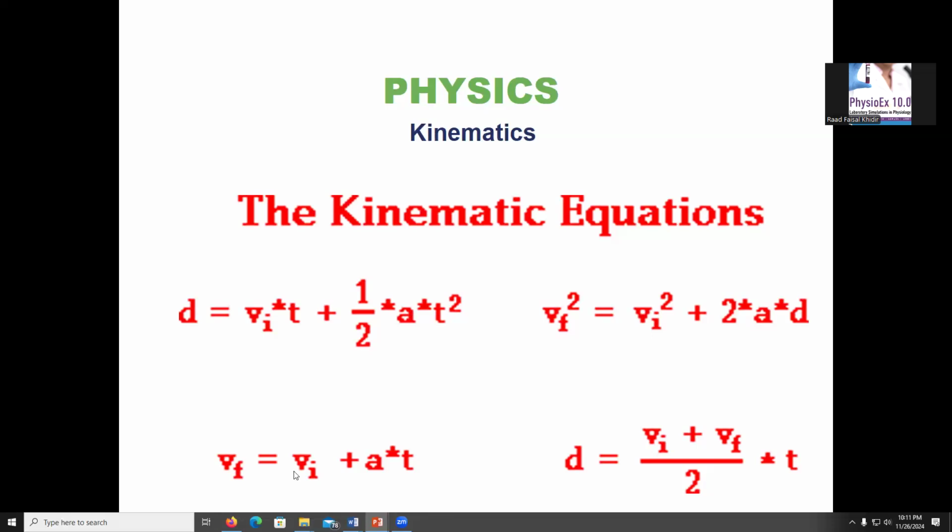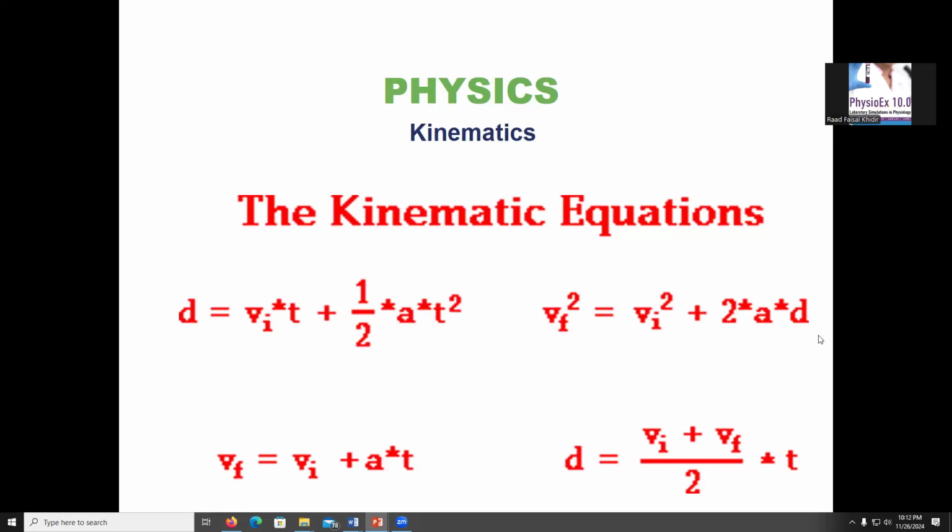A problem may give you the final velocity of an object in motion, the initial velocity, and the acceleration, asking you for displacement. In that case, this equation here with time is not going to help you because time was not given. This will not help you because time is not given. Here will not help you because time is not given.